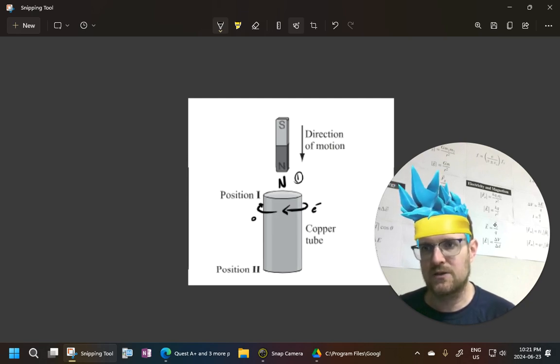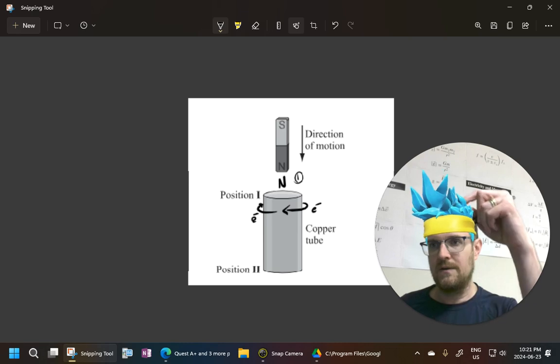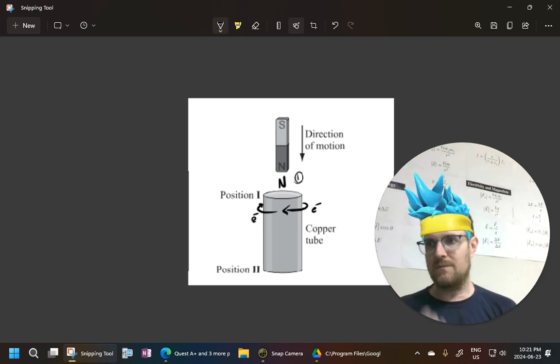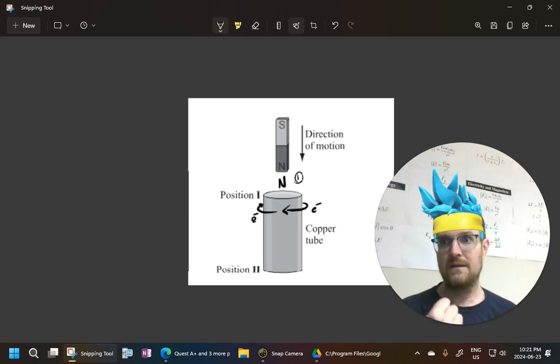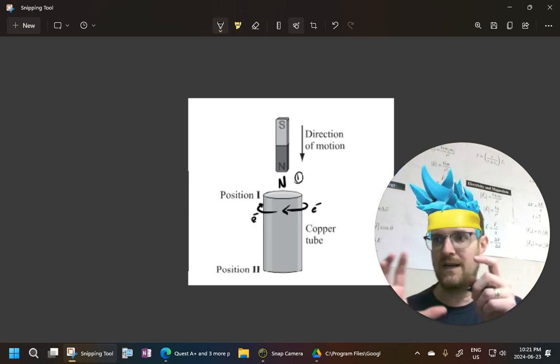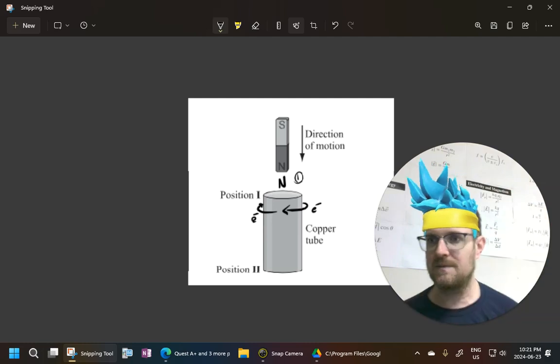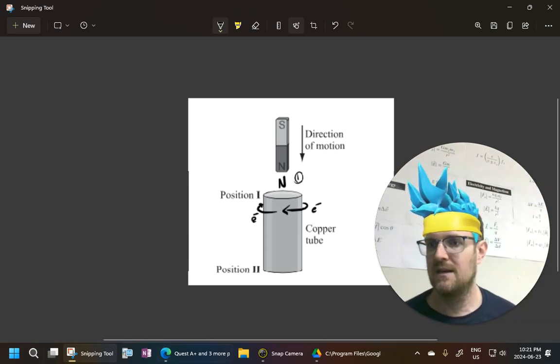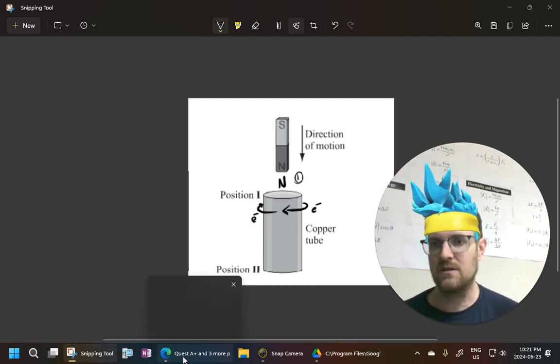Those are the way my electrons are going to flow, and they're going to do that for the initial part. When it gets to the bottom, they're going to flip around and try to pull it back up, because they don't want to move. Halfway around, they're going to have eddies going in opposite directions to try to stop this thing. But that's what it initially looks like at this snapshot.